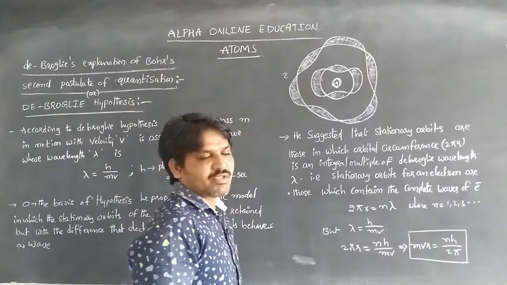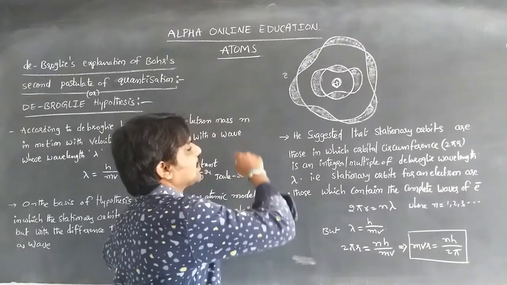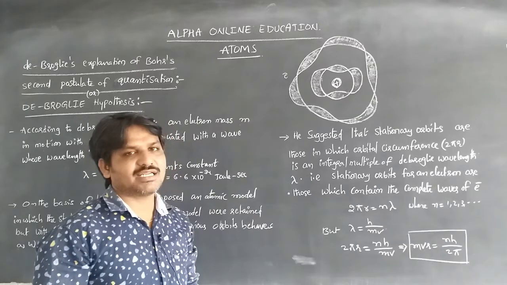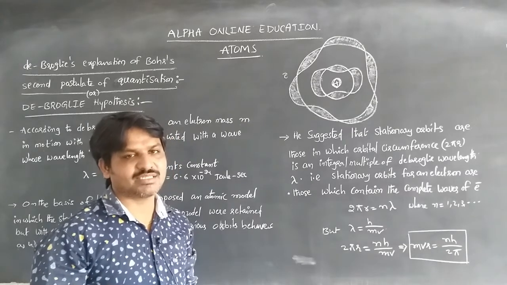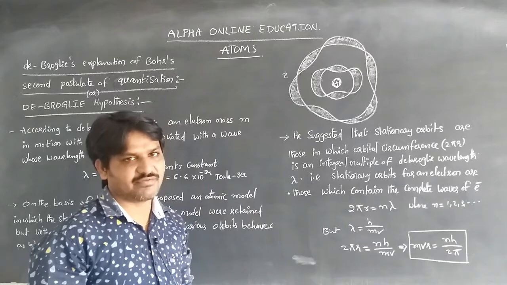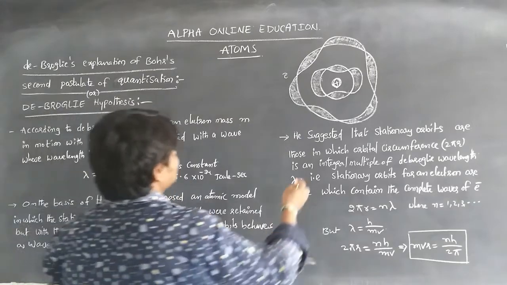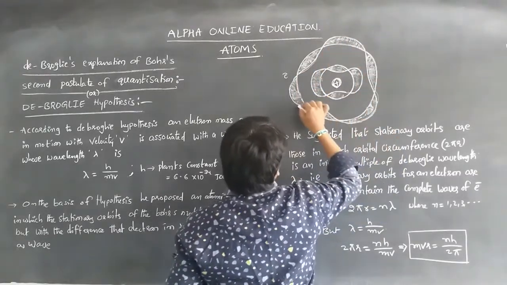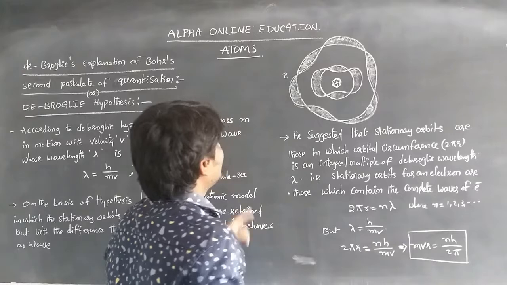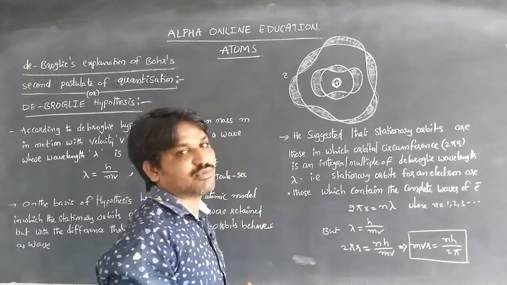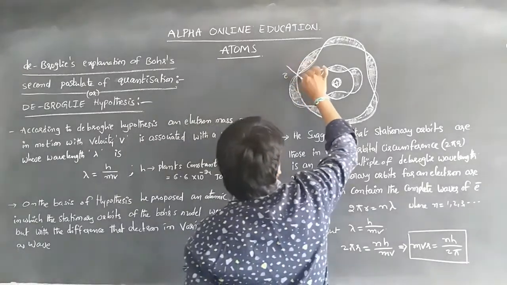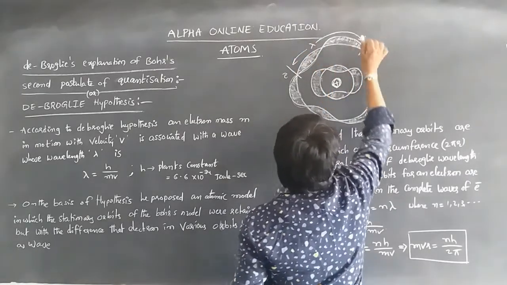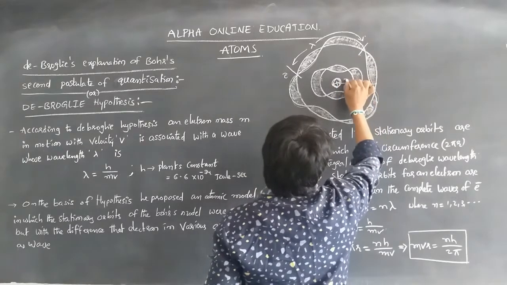Whenever the electron is revolving around the nucleus in a stationary orbit, it is considered as a particle wave, associated with a stationary wave, moving in a wave form. Its wavelength is the de Broglie wavelength lambda, and this will be the radius.